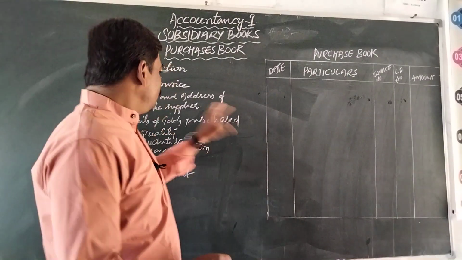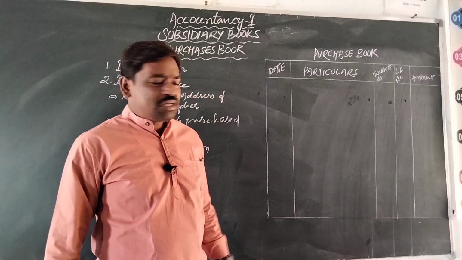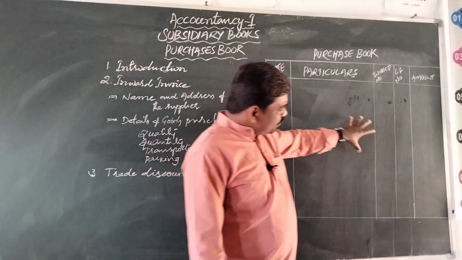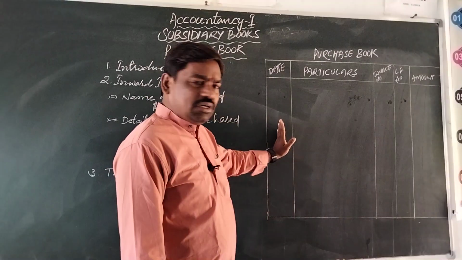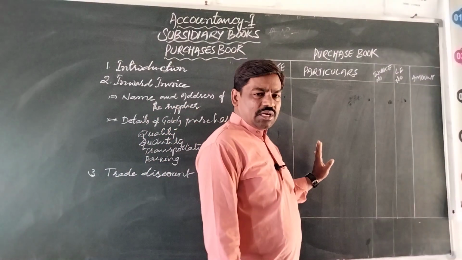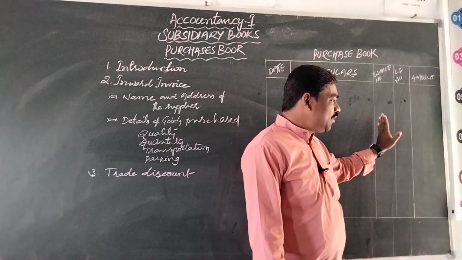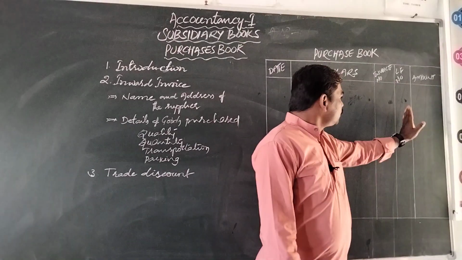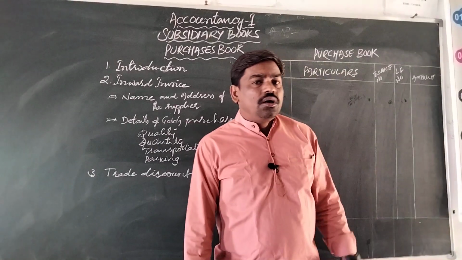Now we observe the proforma of a purchase book. There are a total of 5 columns. The first column is meant for date, the second column for particulars, the third column for inward invoice number, the fourth column for ledger folio number, and the fifth column for amount.